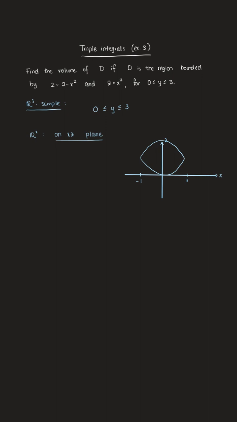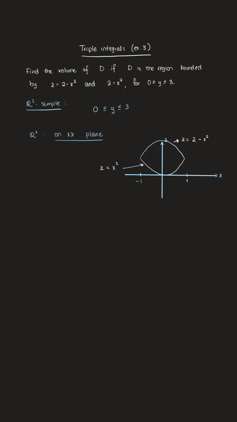That was the caps of our parabolic cylinders. And our top function here, you might realize that it is z equals 2 minus x squared, since this parabolic cylinder turns down because of the negative in front of the x squared. And our bottom function here is z equals x squared.